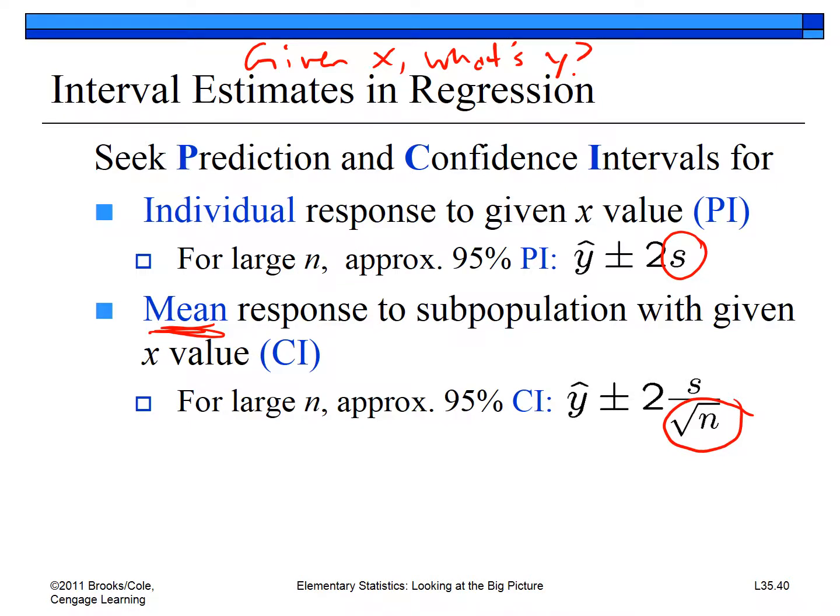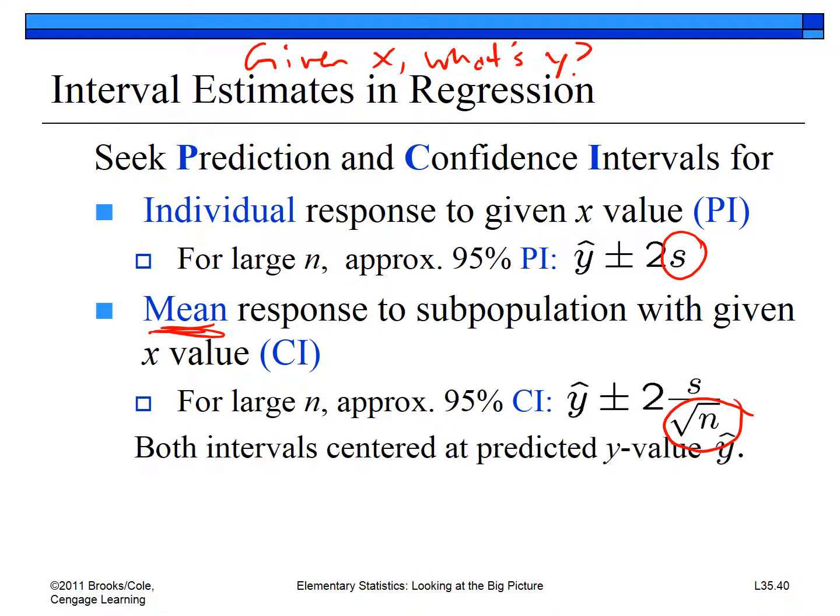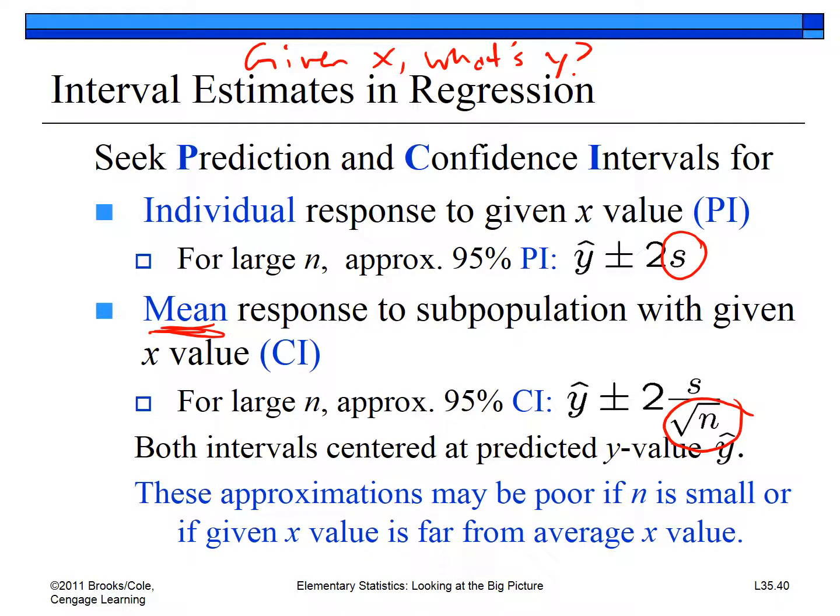So we have the same thing going on here. Notice that both intervals are centered at the predicted y value, at y hat. So we start at y hat and add and subtract the same number. Now keep in mind that our approximations may not be good if we have a small sample size or if we have an extreme x value.